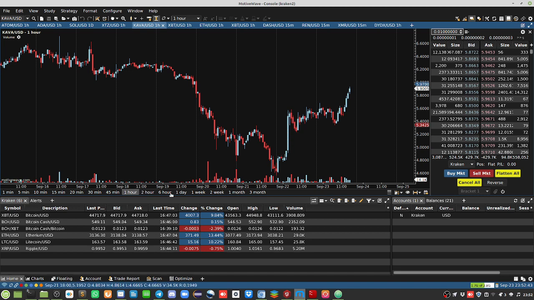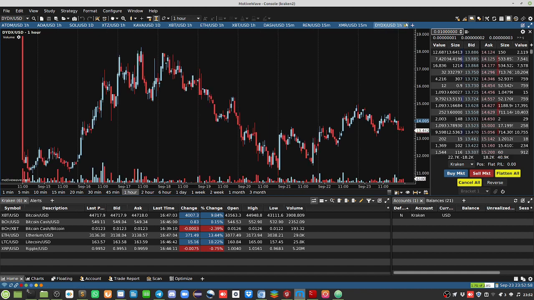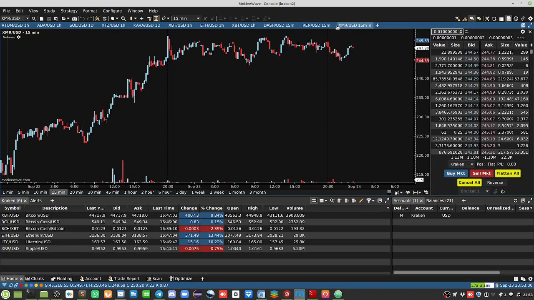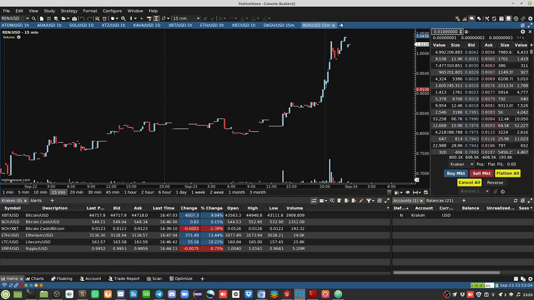This Kava's not too bad here as well, and you can see that as well. A lot of people ask about Doge. Let me just see if I can find it here. Doge has been kind of performing, but as I said, there's just better coins out there to know about.